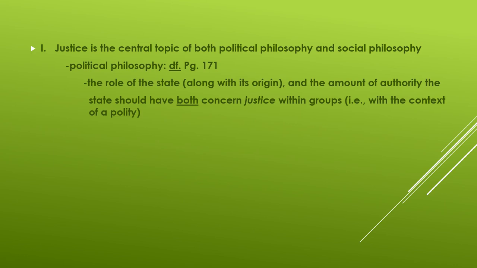Why did we ever agree to these sorts of rules that let somebody else tell us what we can and cannot do? What is our relationship as individuals toward the state? What sort of rights do we have? And also, what is the extent of the authority of the state? The question of authority is a very important question for political philosophers.